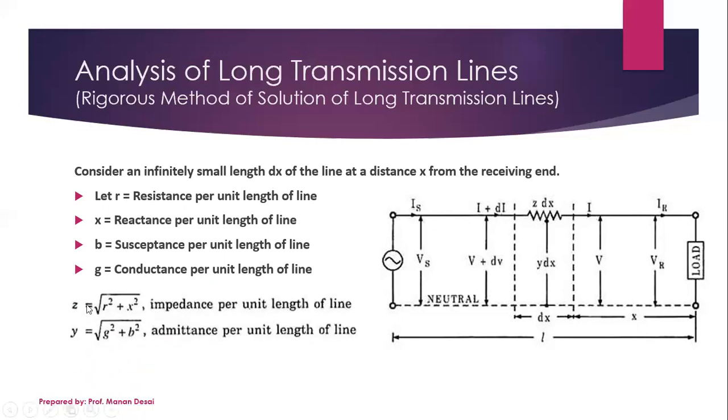Then Z is equal to under root R square plus X square, the impedance per unit length, and Y is equal to under root G square plus B square, the admittance per unit length.